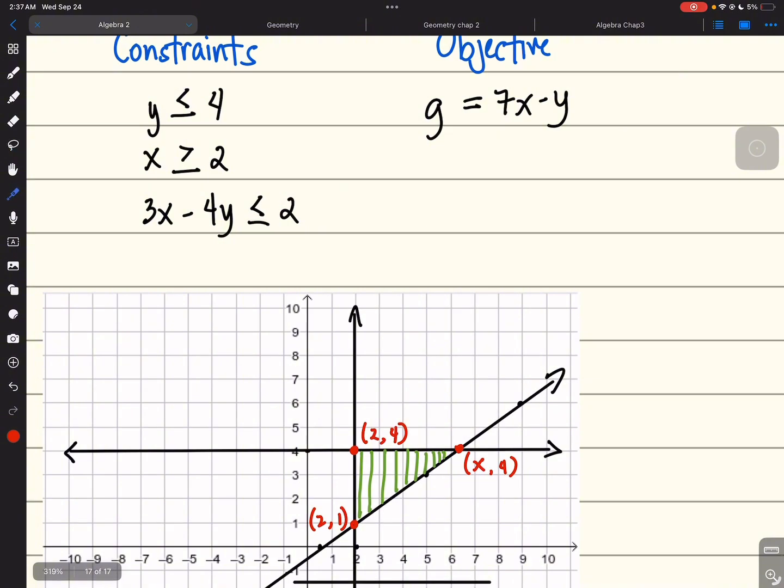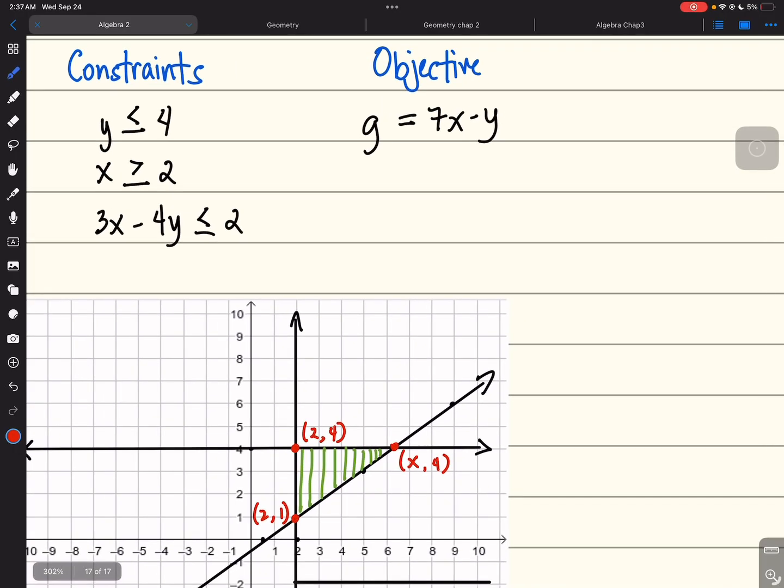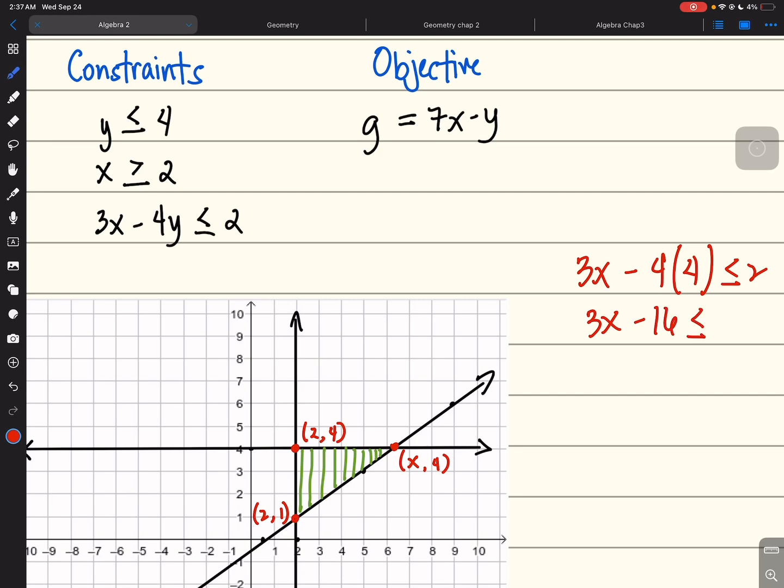So we already have the value of y here, which is 4. So 3x minus 4, what is y? So that is 4, less than or equal to 2. Multiply the number inside the parentheses, so that is what? Negative 16? Okay, negative 16 less than or equal to 2.